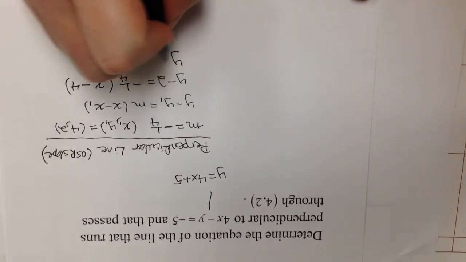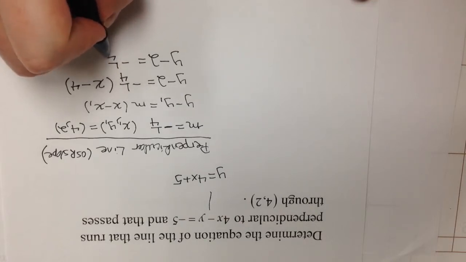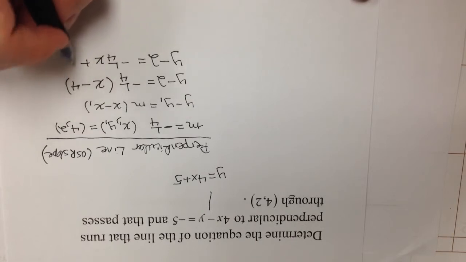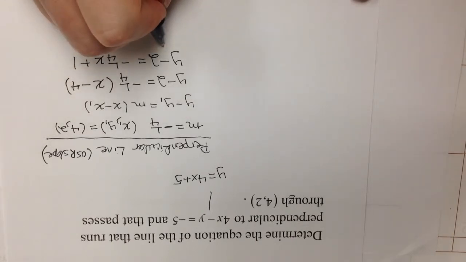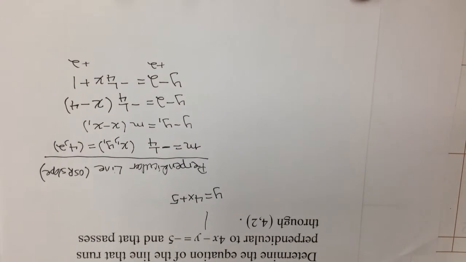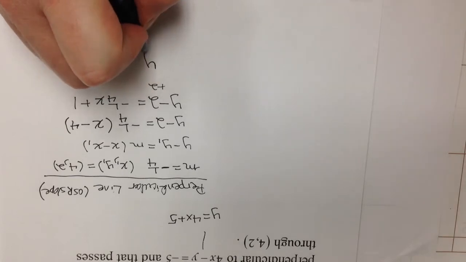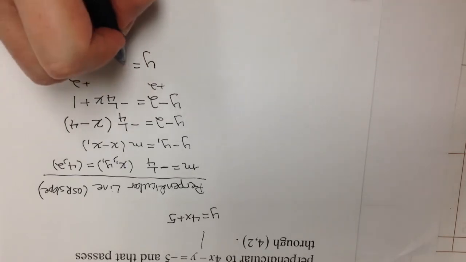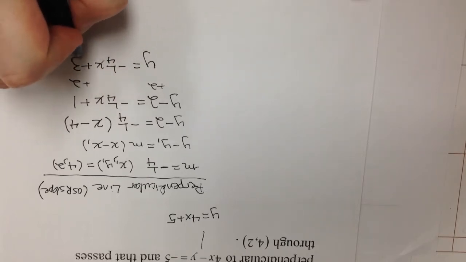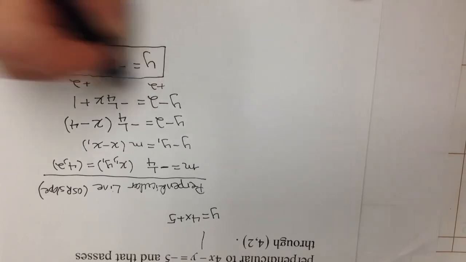Looking at the distribution on the right-hand side, we have y minus 2 is equal to negative 1/4 x. A negative times a negative is a positive, and 4/4 is going to be 1. As we add 2 to both sides, the equation of the line that is running parallel, make that running perpendicular, is y is equal to negative 1/4 x plus 3. So that would be the equation of the perpendicular line.